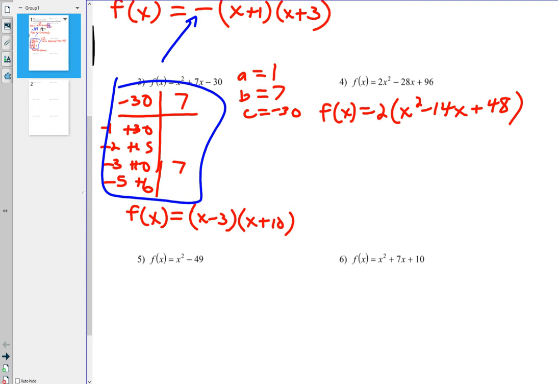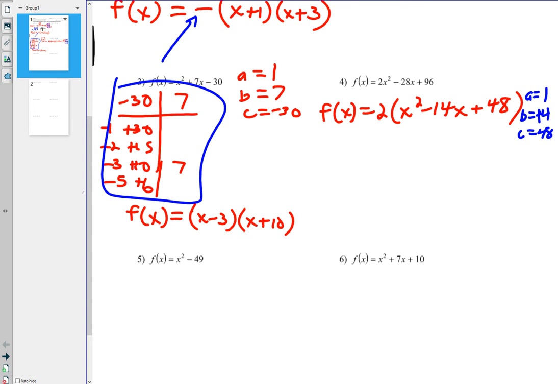For the purposes of factoring, it's nothing to do with transformations. But if I were to ask you, where is this going to cross the y-axis? It's not 48. It's going to cross the y-axis way up at 96. But for the purpose of factoring, we're going to say that my A is 1, my B is negative 14, and my C is 48.